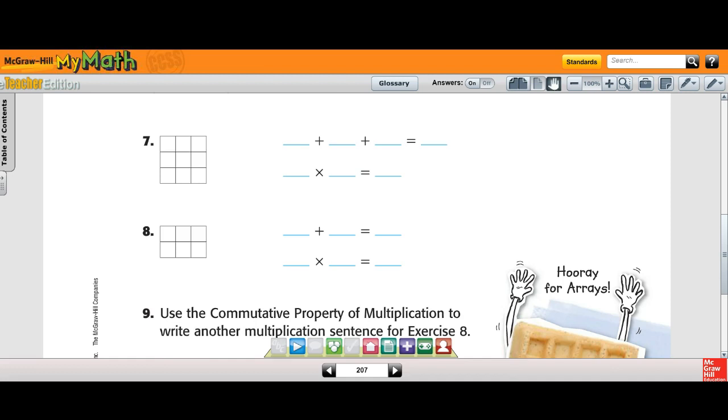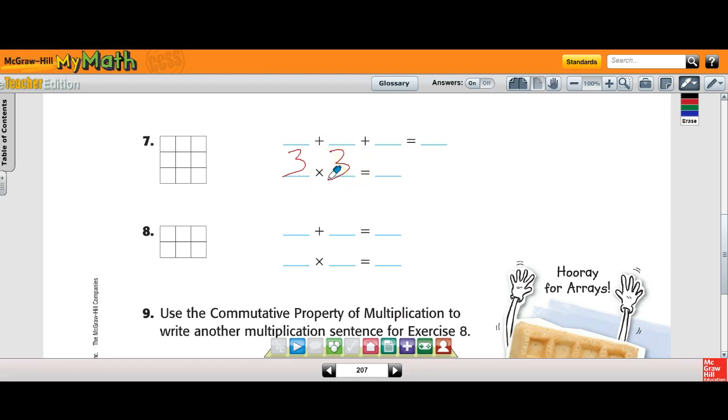Tell me what to do. Let's start with the multiplication sentence. Multiplication sentence is 3 times 3. Why? Because if you count the array, there's 3 rows of 3, meaning I have 3 in each row, right?